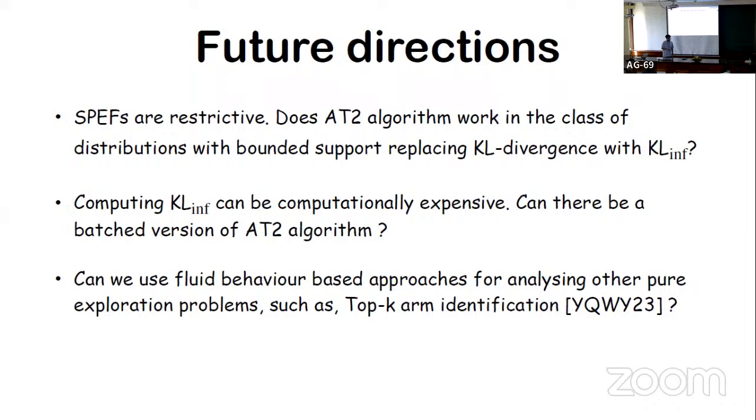Also, the more samples you gather, the harder it becomes to evaluate KLinf because of the dual representation. So can there be a batched version where, instead of finding the anchor function and index at every iteration, we compute them only when the iteration is the square of some integer, so we do it only root n times?